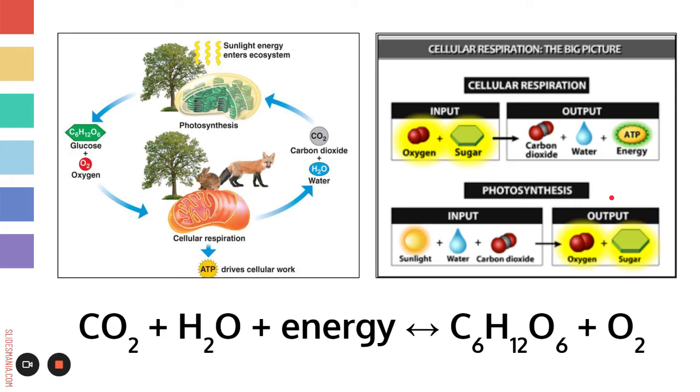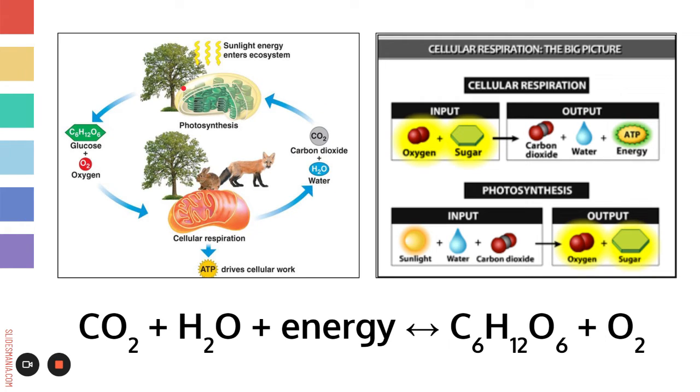Okay, so this is a big picture schematic of both photosynthesis and cellular respiration. Just as a reminder, since it's been a while since we've talked about what photosynthesis is, with photosynthesis, we're taking small inorganic molecules, specifically carbon dioxide and water.